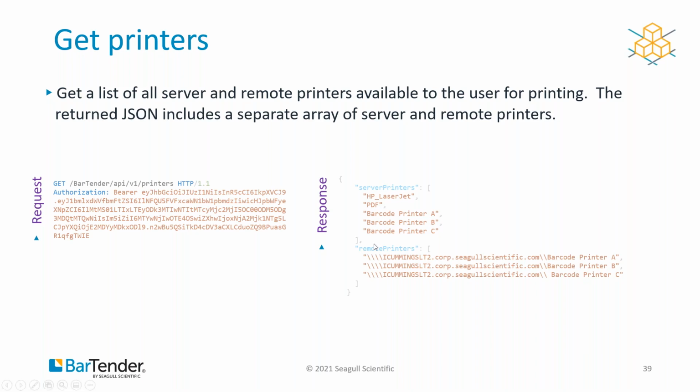So siegelscientific.com is the public part, but corp is the internal part of our network, and then the internal computer, which is my laptop. So this identifies the computer on which my printer is installed on the client side, and then followed by the name of the printer instance. So in this case, barcode printer A, B, or C.